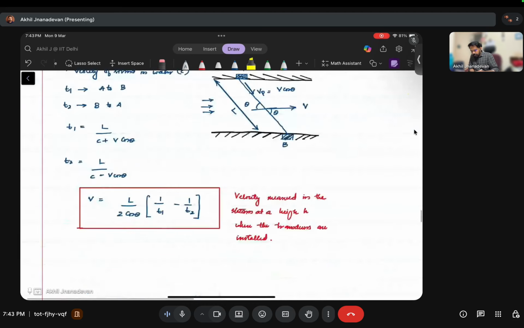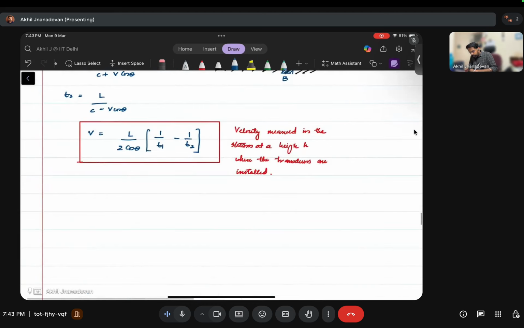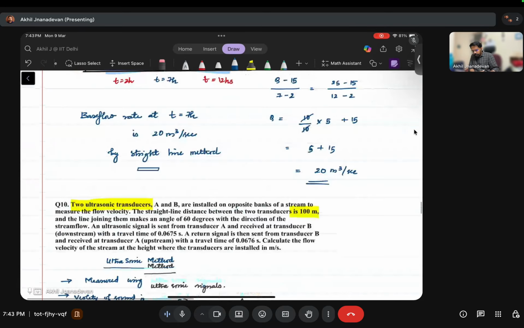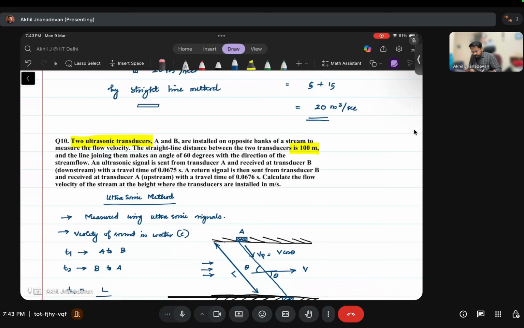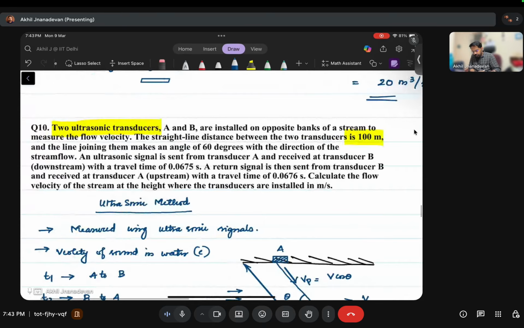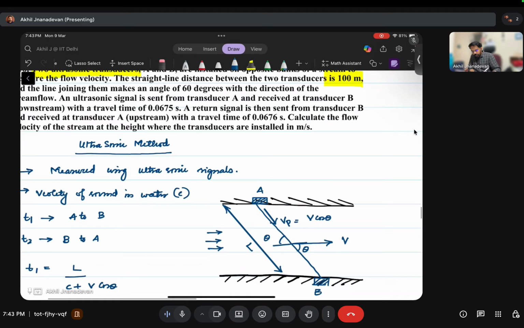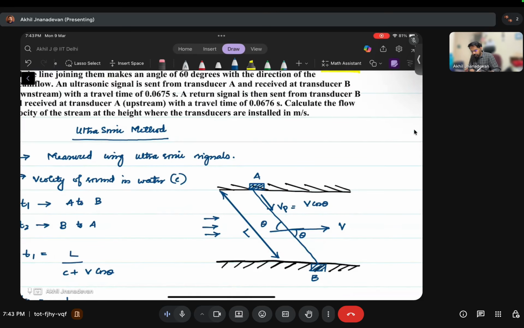The straight line joining them makes an angle of 60 degrees with the direction of stream flow.